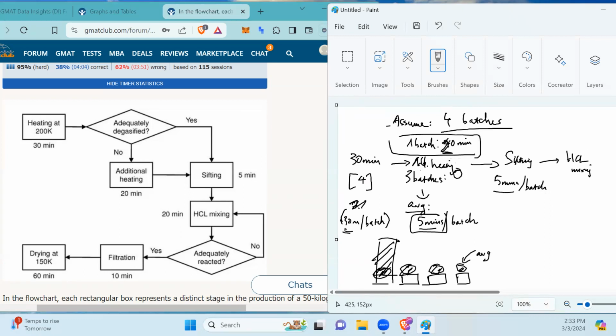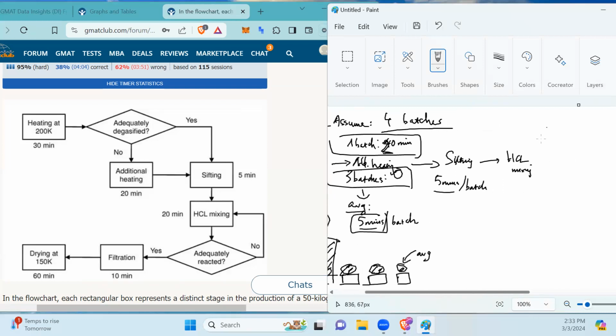Let's visualize it like we did for the previous step. Half of the batches need the second HCl mixing. So 2 batches would have how many minutes of mixing in total? 40 minutes per batch. And 2 batches would not need the additional mixing, so it would still be 20 minutes per batch.